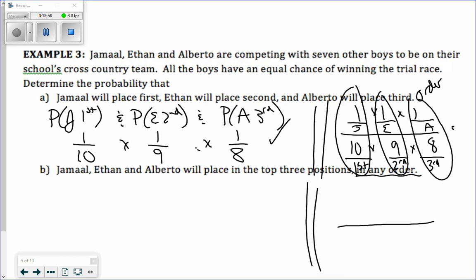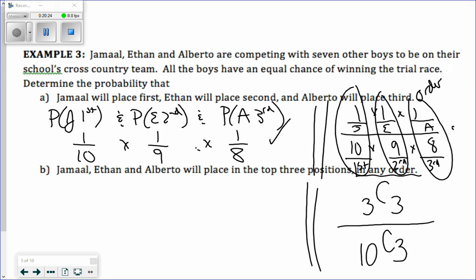I think of in any order as meaning the order doesn't matter. So if I did it using the last unit, I have 3 boys, and I'm going to select all 3 of them. Okay. Over, I've got 10 boys, and I want 3 of them. But the order doesn't matter. I'm just selecting.